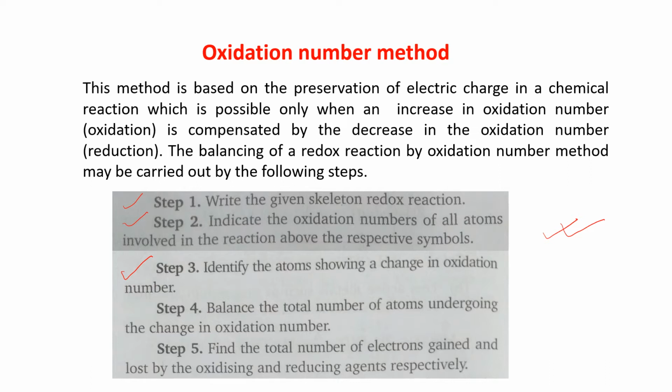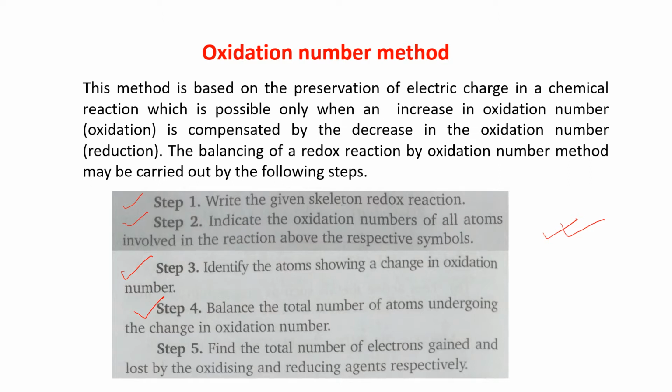After we identify the atoms showing a change in oxidation number, next step 4 is coming. Balance the total number of atoms undergoing the change in oxidation number. Now what you will do?